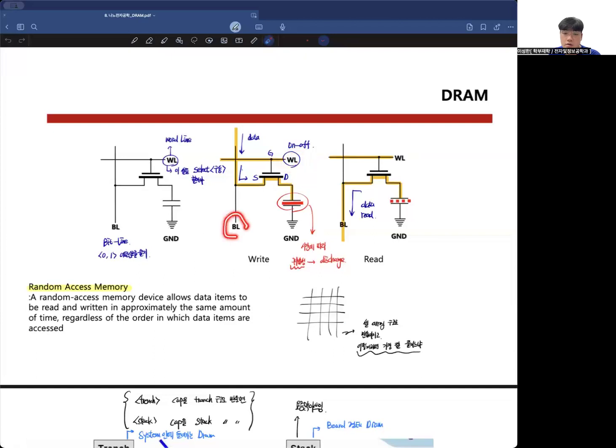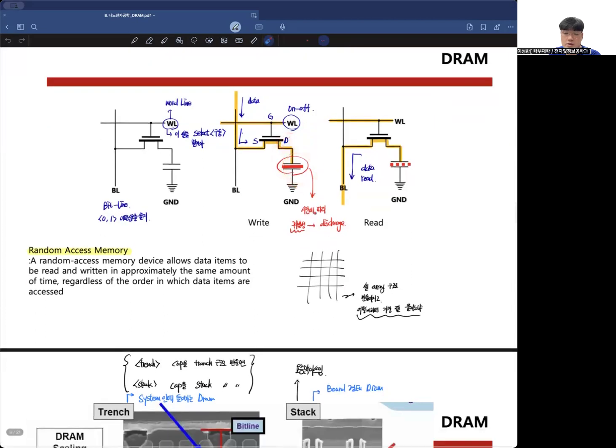The bit line controls the data, 0 or 1, and is connected to the source. And last, the capacitor is the storage node, connected to the drain. This is the basic structure of the DRAM.